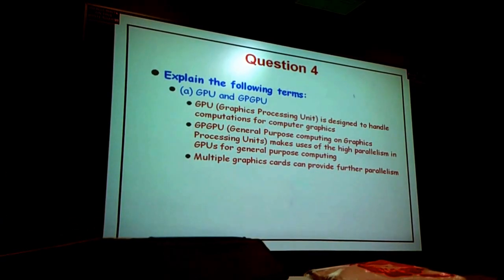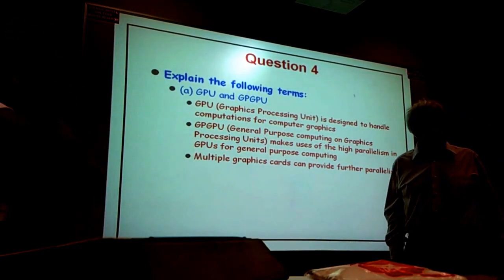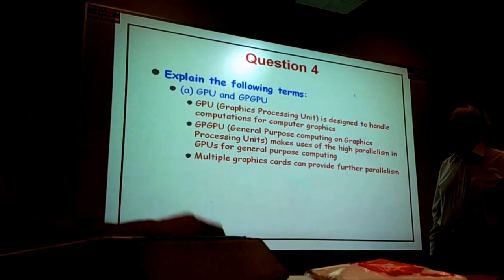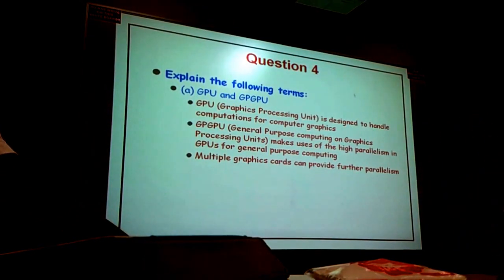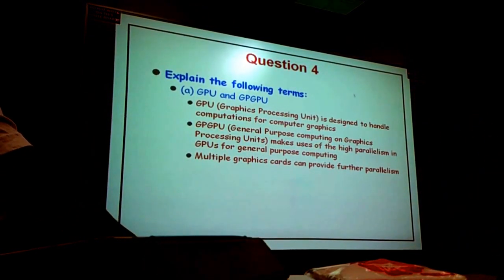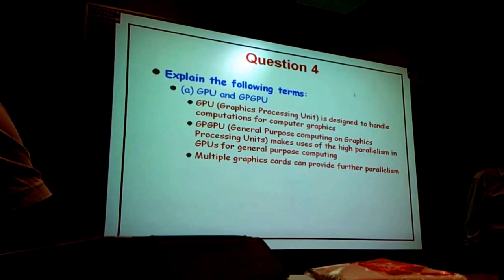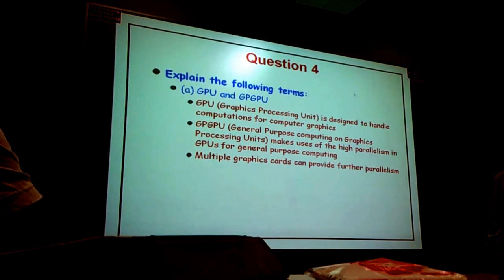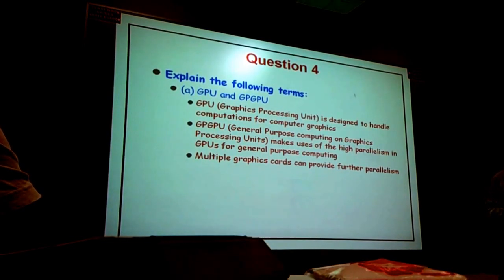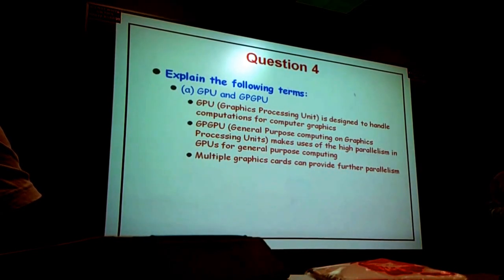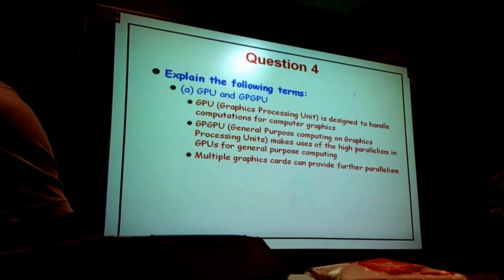So, first of all, it asks you to explain what is meant by GPU and GPGPU. GPUs were originally designed for graphics processing. GPU stands for graphics processing unit, and originally the idea was that in your computer, as well as the CPU, you could have a GPU, and the GPU would handle a lot of the graphics processing, and that would offload that work from the CPU, and you would execute the graphics processing on the GPU instead.